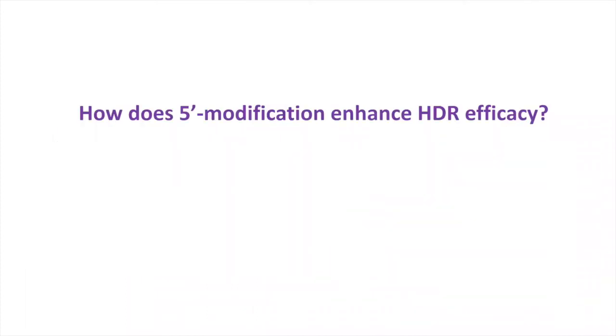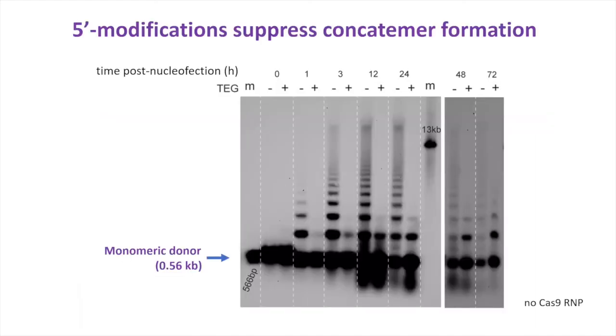So how does this work? Why does 5' modification affect or enhance HDR efficacy if it's not driven by a nuclear localization signal? Well, one of the things that we saw is that 5' modifications suppress the formation of concatemers. So when a DNA duplex is introduced into cells, that DNA begins to assemble through end joining reactions, ligations.